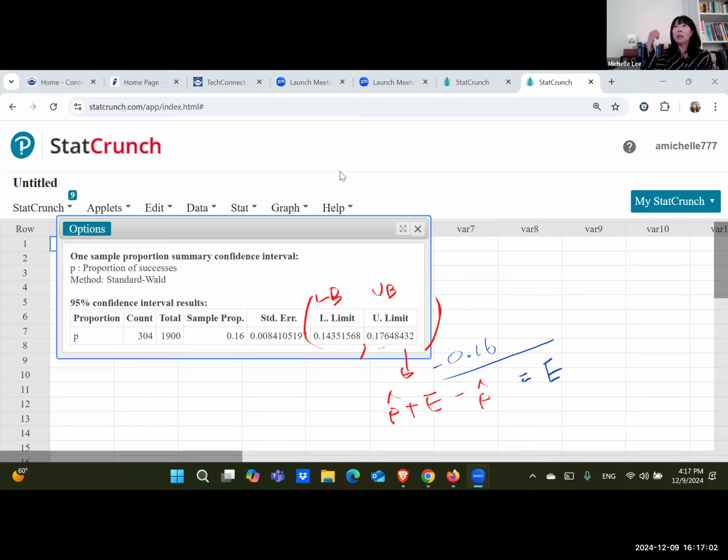I mean the percent form. Good job. 1.6, yeah.